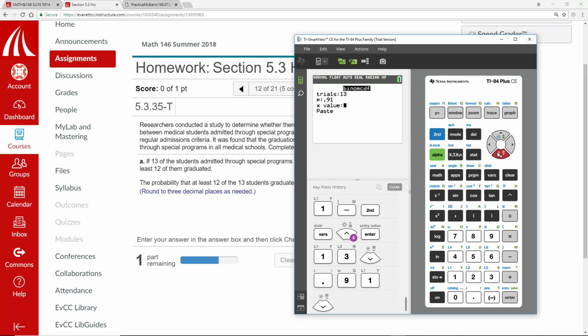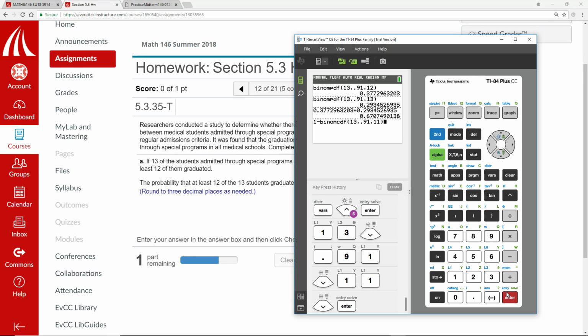You're really going to either appreciate this or be confused, but I think we'll be more on the appreciative side if it works the way it was intended to work. We never even saw the probability from 11 all the way down, at most 11, because we subtracted it from 1 to get that 12 or greater.